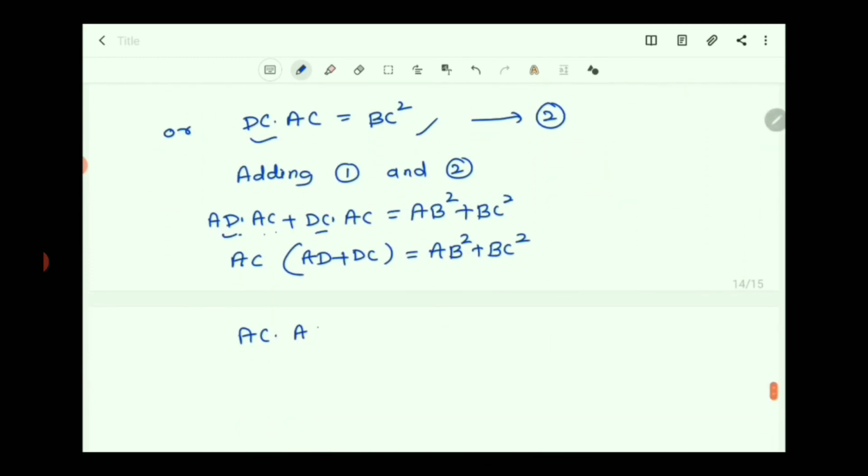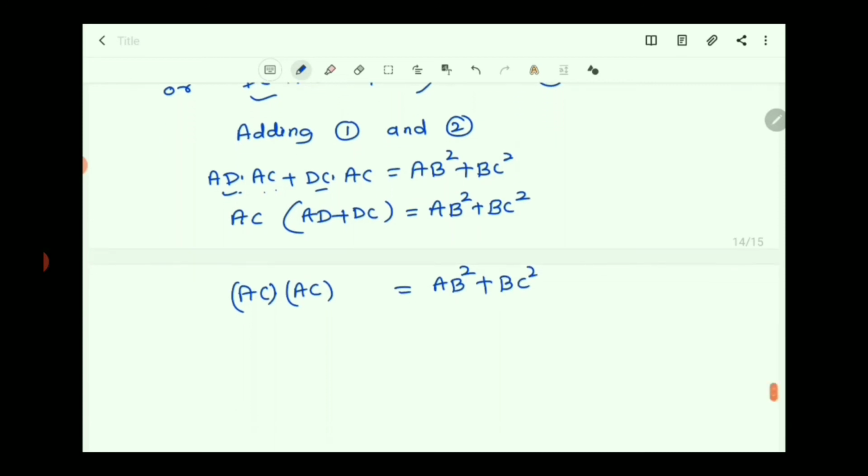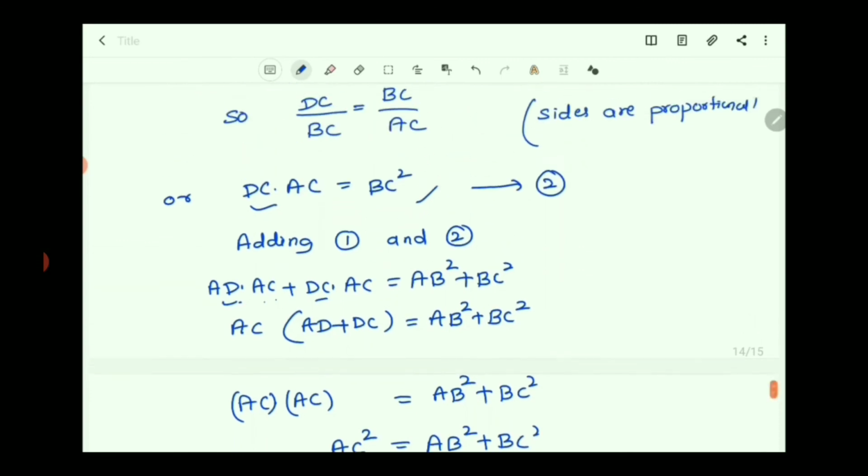So it becomes AC into AC, is equal to AB square plus BC square. AC into AC is nothing but AC square, that is equal to AB square plus BC square. So that is what we had to prove.